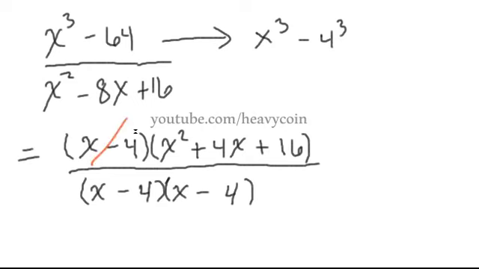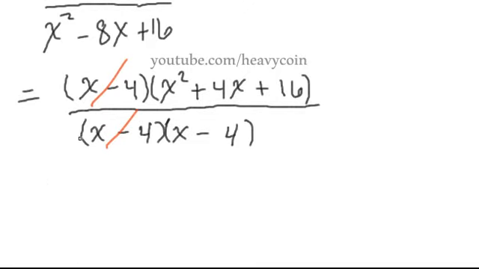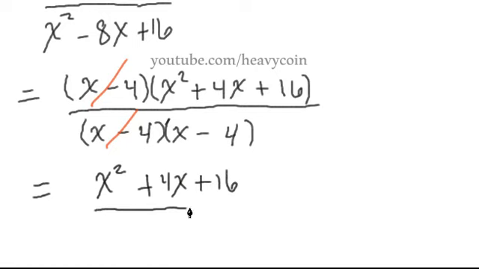And so we have an x minus 4 in the numerator and x minus 4 in the denominator, and so now we can cancel and rewrite, and so this becomes x squared plus 4x plus 16, and that's going to be all over x minus 4. So that has now been reduced completely down.